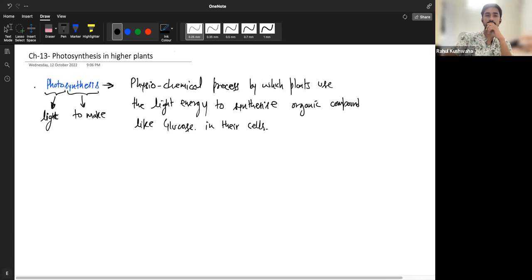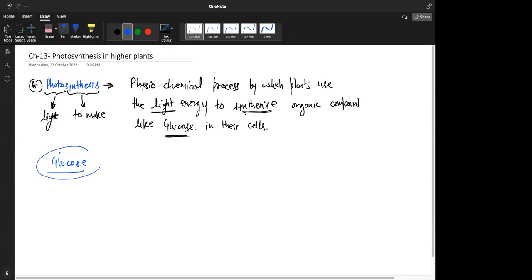So this is photosynthesis. In the presence of light, which means photo, you are synthesizing glucose. Now, anyone knows the formula for glucose? What is a glucose molecule? C6H12O6.